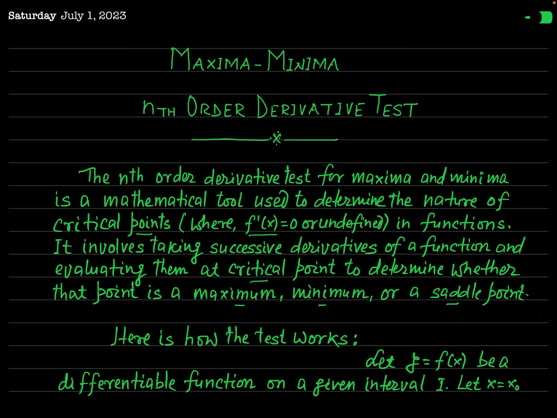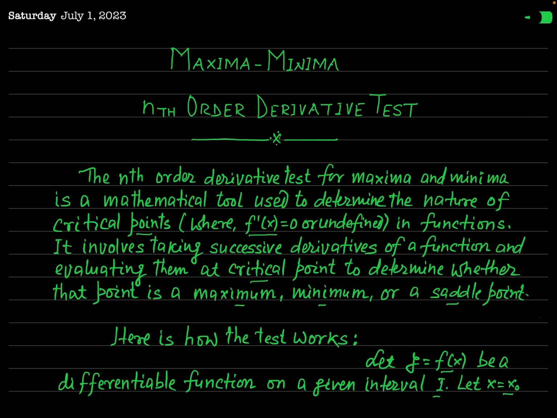For this we consider a function, let us say y, denoted by y equal to f of x. It means we are considering a function f which is a function of only one variable x. And this function is a differentiable function in a particular given interval I. We also consider that x equal to x naught is a critical point of this function.